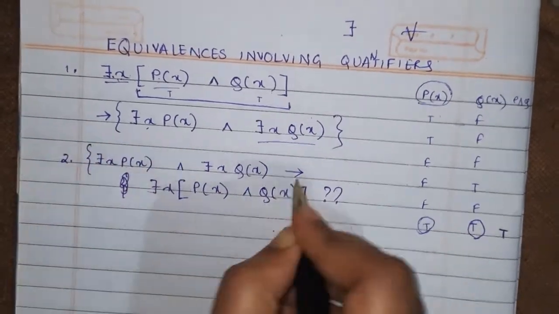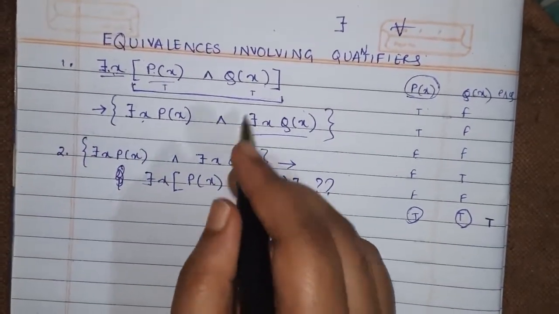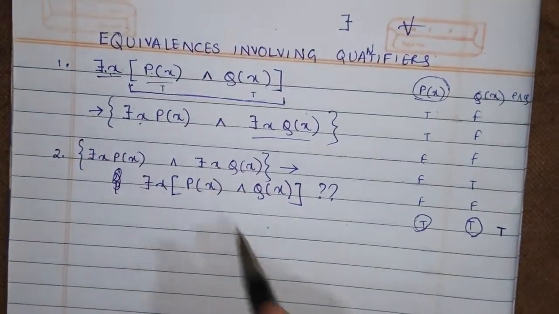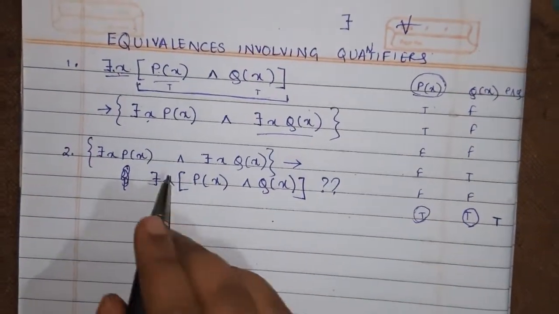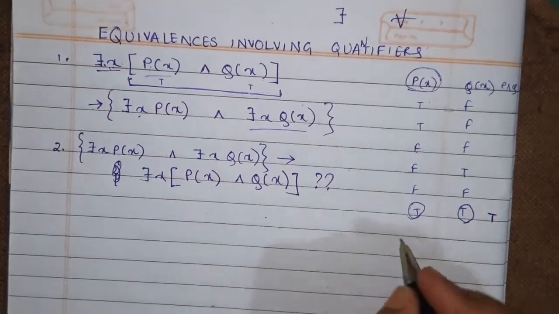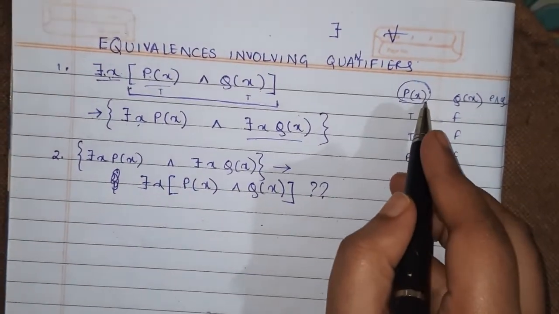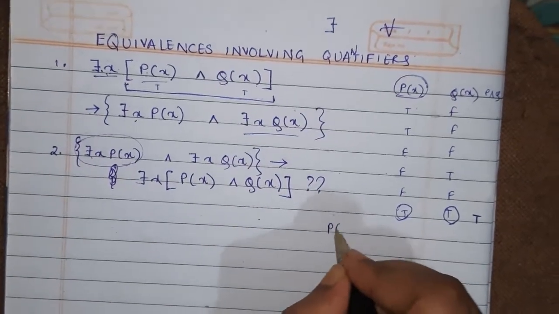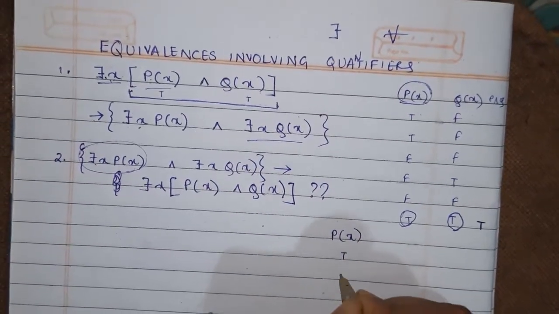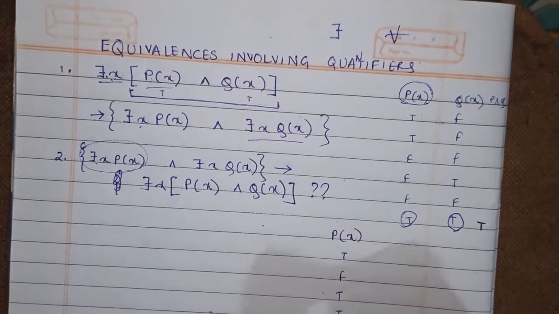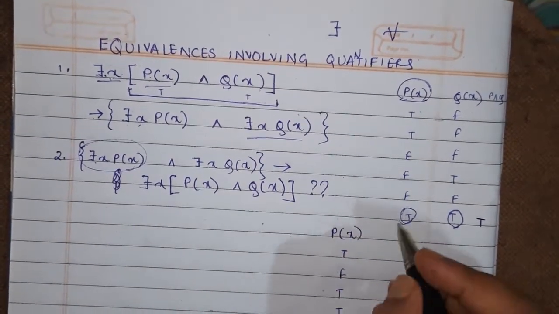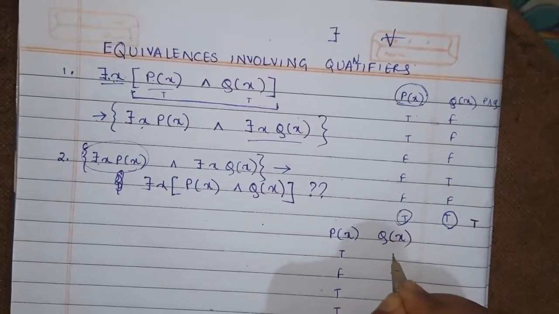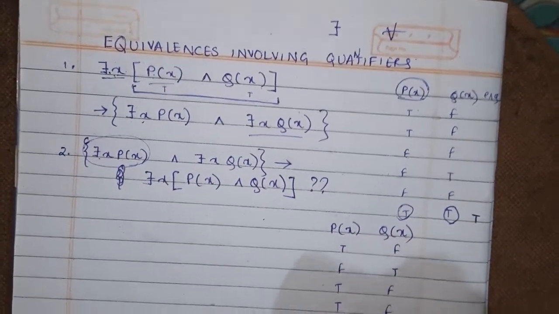I have simply exchanged the left hand side and right hand side of the implies sign. Suppose p of x is having true, false, true, true, and then q of x has a true and the rest are false.